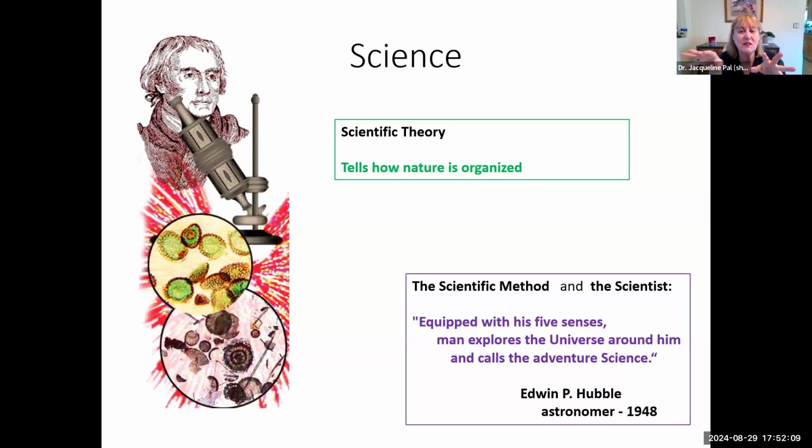And here's one of the coolest things: Edwin Hubble, of the Hubble telescope out there circling the earth, said more than 75 years ago that man, with just his senses, sight, hearing, taste, touch, all the senses we're going to learn about, explores the universe around us, and we call this fantastic adventure science. So with that, I hope you're excited to learn and explore all about the human body this semester.